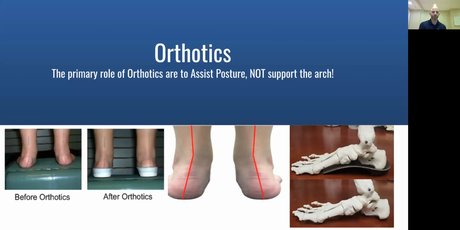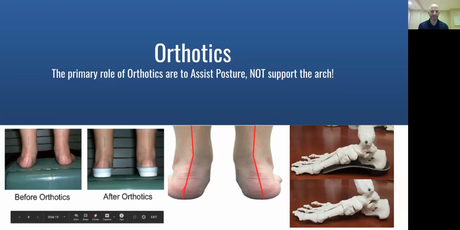So orthotics. So for me, the primary role of an orthotic is to assist with posture, not support the arch. If you look at the pictures below, this ties in very well with what Dr. Kellner was mentioning in terms of heel alignment. That middle picture shows heels that are offset to the leg. So think about the Leaning Tower of Pisa. That middle picture shows the Leaning Tower of Pisa.